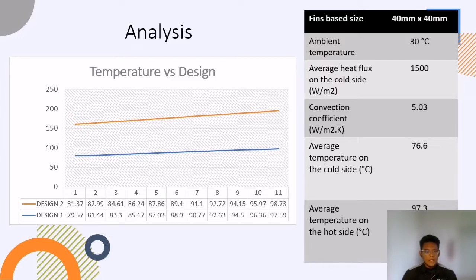If you analyze this chart, we know that design 1 is better than design 2 because it has a lower temperature on the cold side and lower temperature on the hot side, which is 79.57 and 97.59 respectively. So we can conclude that design 1 is more efficient than design 2 because it's able to dissipate heat better than design 2.